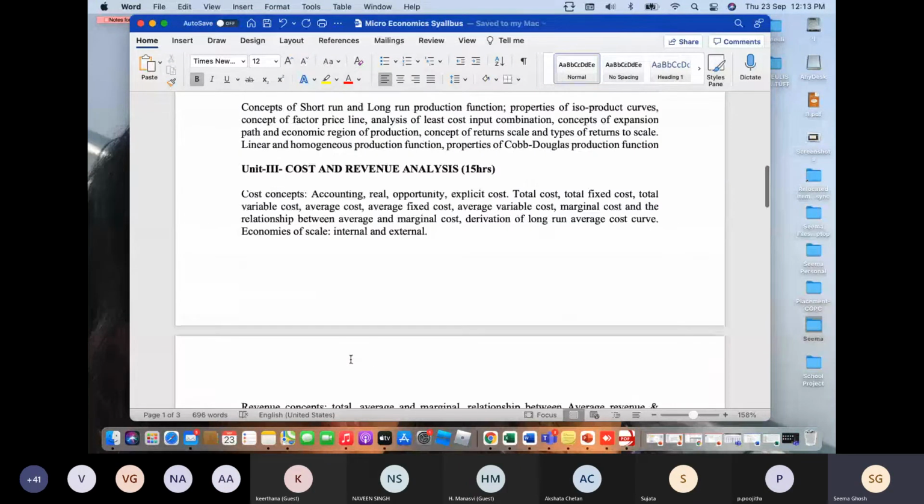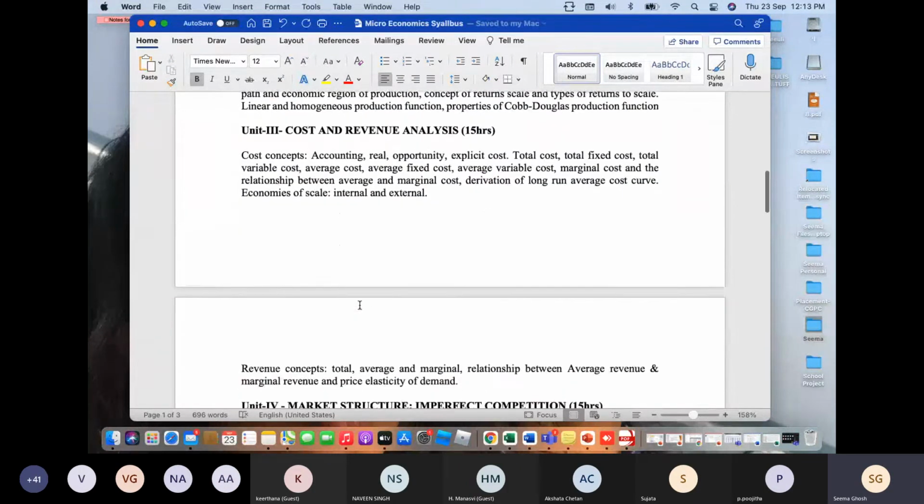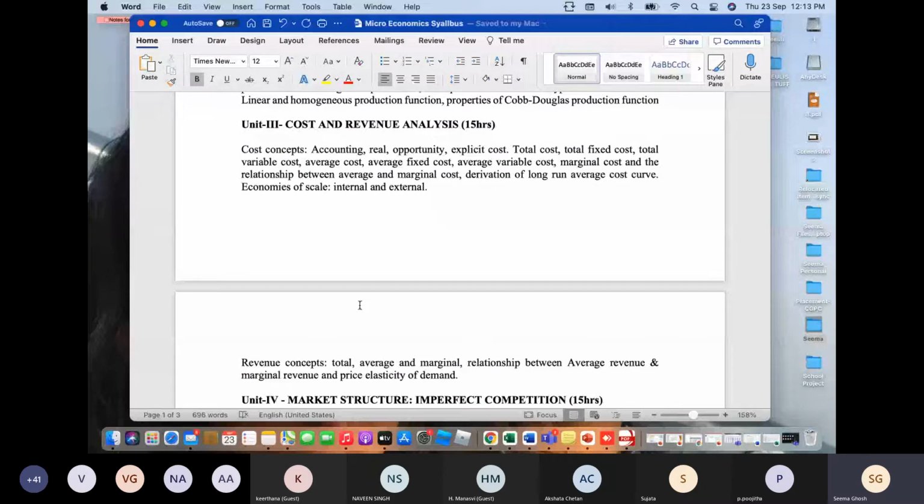Students, keep one thing in mind, that whatever units we will be doing, all units are interrelated to each other. Because when the producer starts with the production of goods and services, automatically the producer has to incur certain cost for the same. And when the producer is going to sell his goods and services, he is going to earn some revenue for the same.